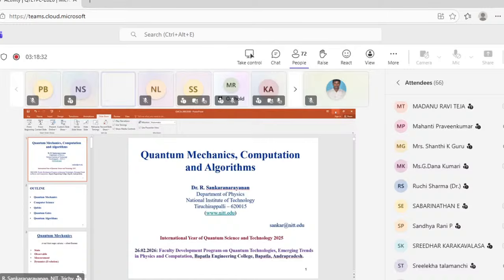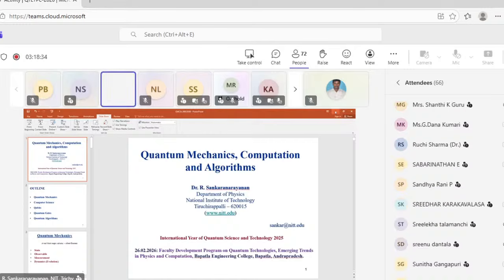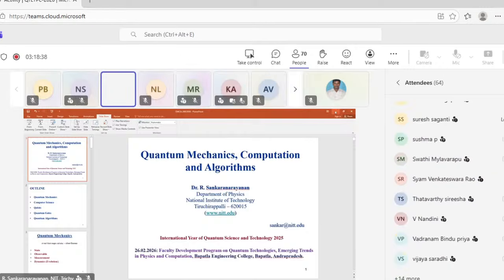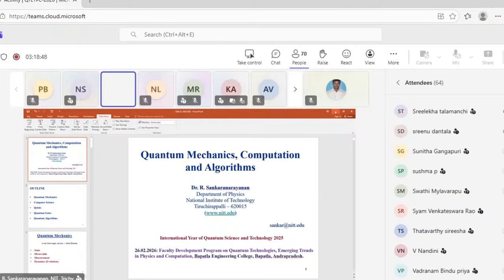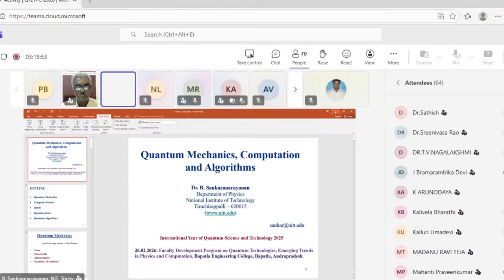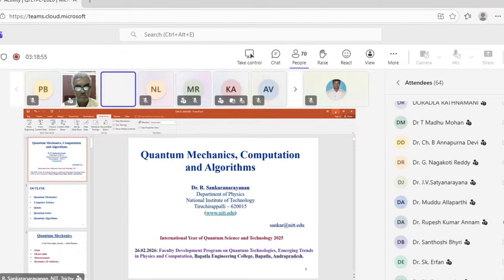It would take much more time to explain all the algorithms, computations and logic gates, but in a very short time, they were explained in detail by our resource person. Thank you very much, sir, for taking the session.